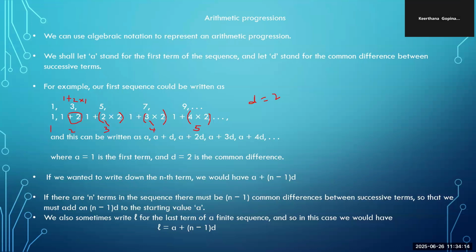For the fifth term, we are using 2 into 4. 2 is common everywhere. So the term will be indicated by n minus 1.